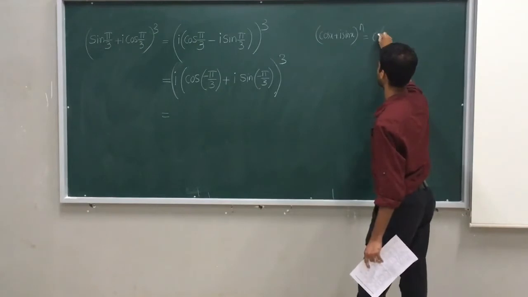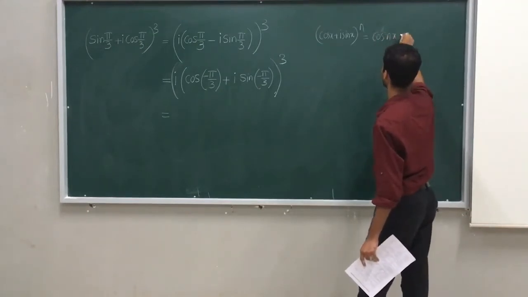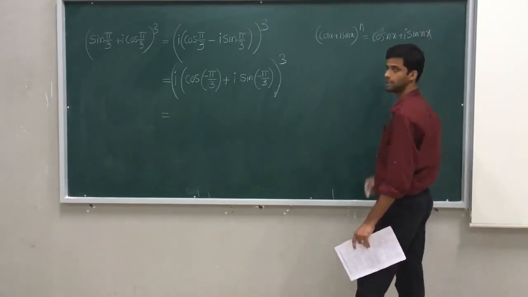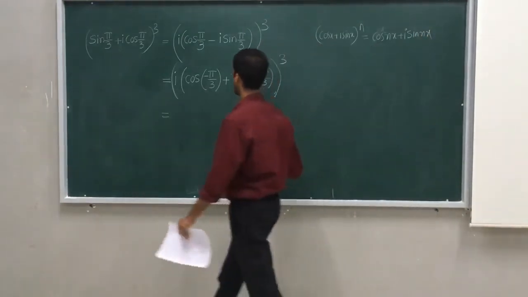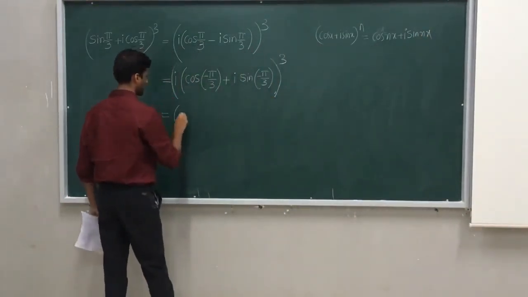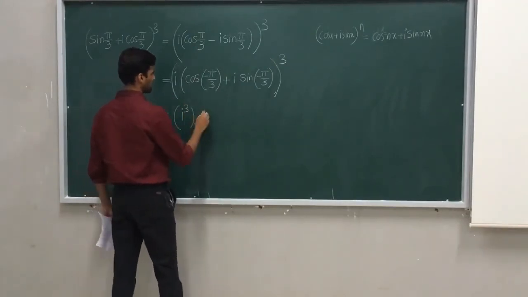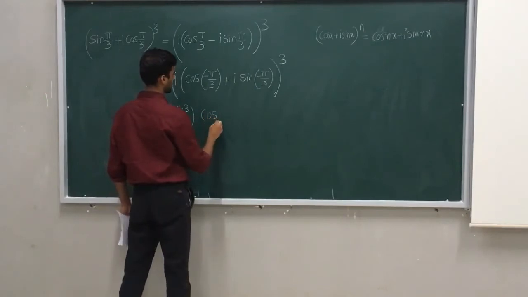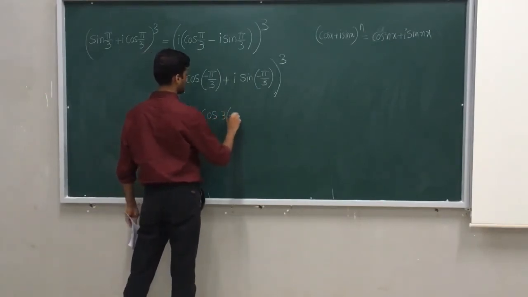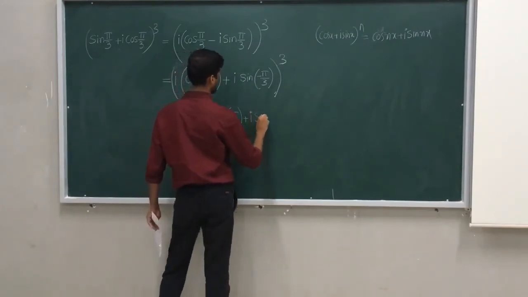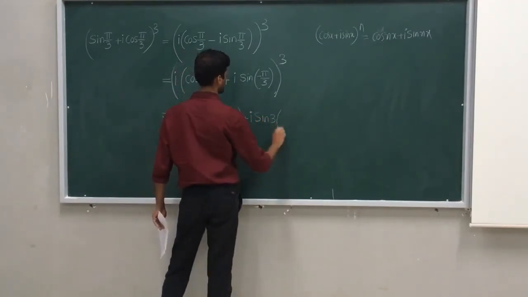Another formula is it can be written as cos nx plus i sin nx, which is given in my material. So I can say this as i cube into cos of 3 times of minus pi by 3 plus i times of sin of 3 times of minus pi by 3.